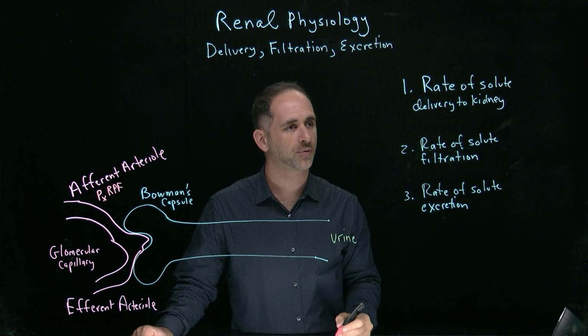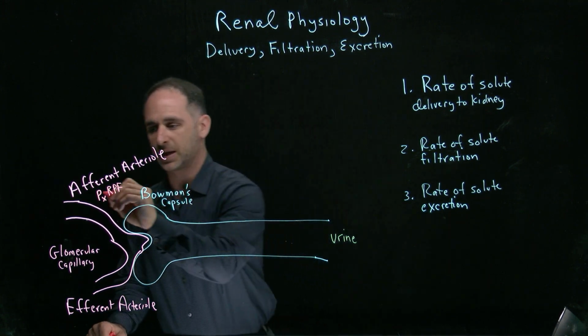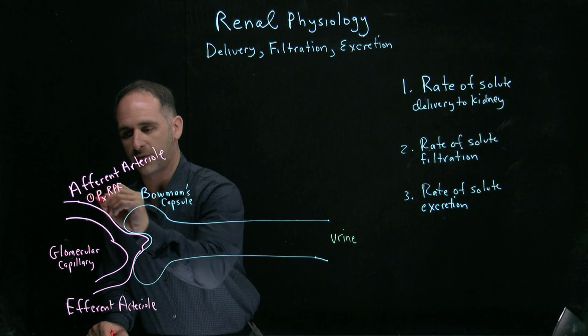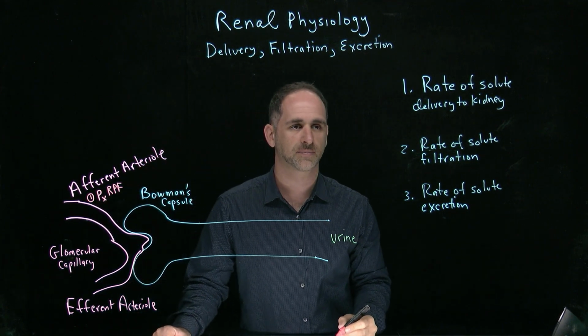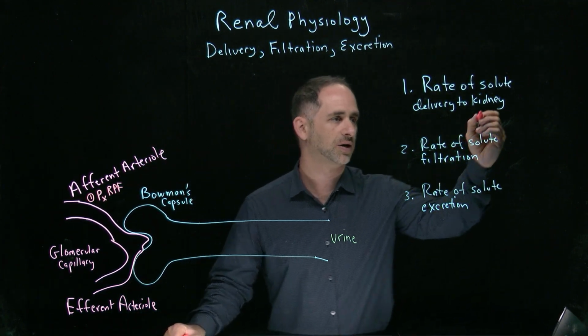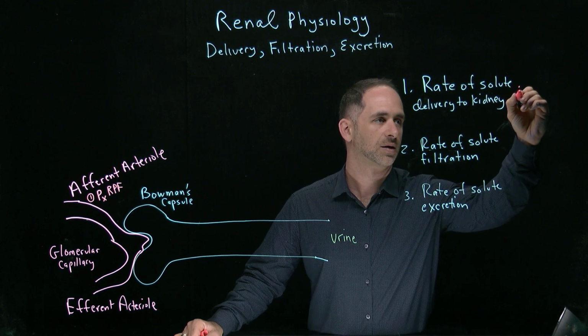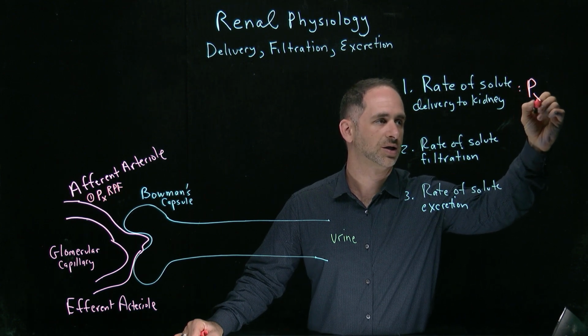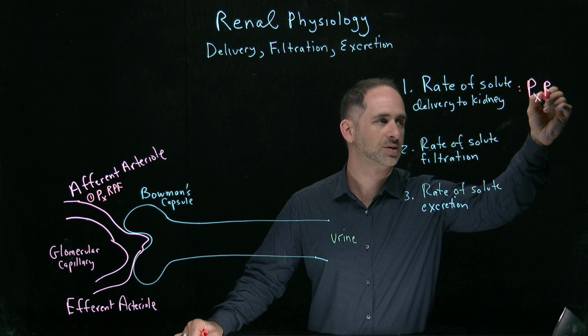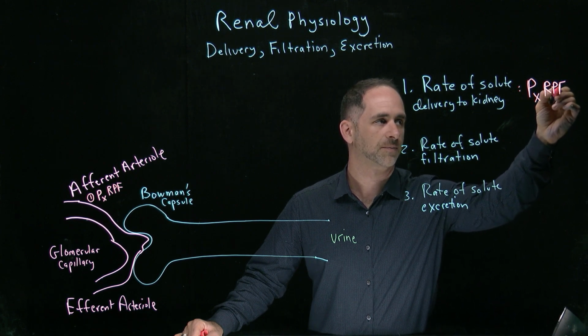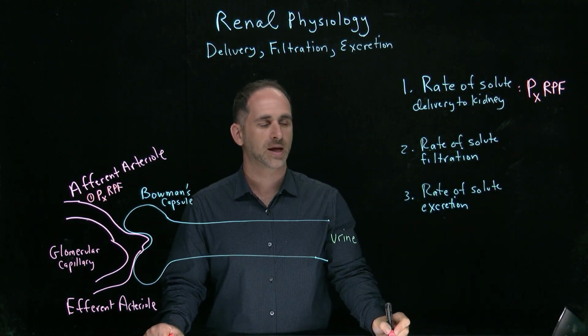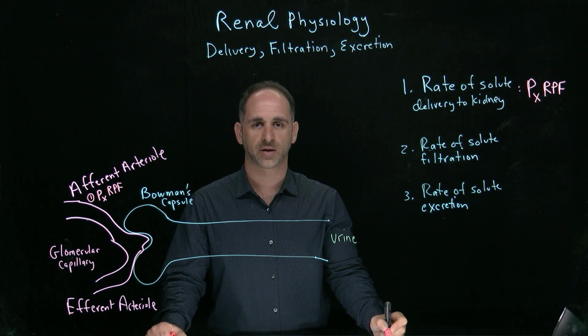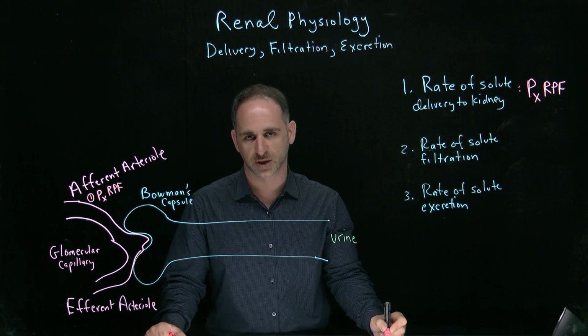Okay, so that product is going to be the amount of solute X being delivered to the kidney. So over here we can write plasma concentration of X times the renal plasma flow. Okay, good. Next, let's talk about the rate of filtration of solute X.